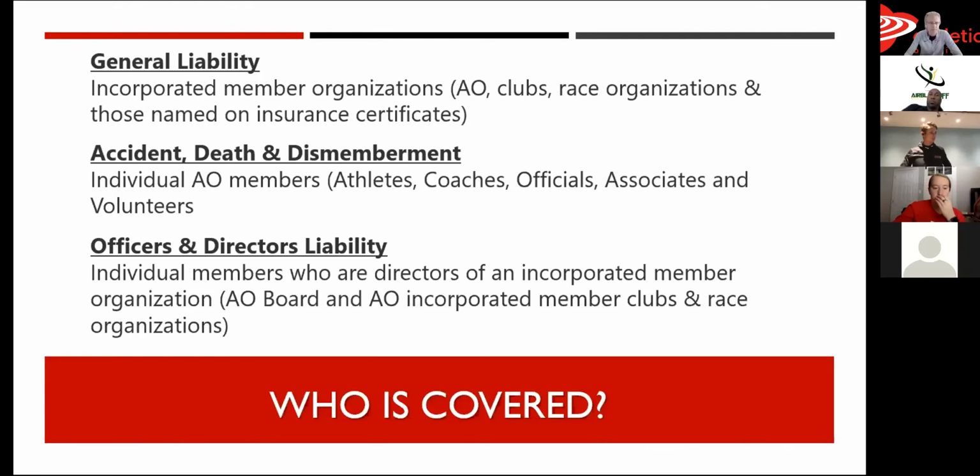Again, only board of directors will ever be named in a clause, and this clause will cover that. The additional piece here is that the director and officer of the organization needs to be a member of AO. This is where we recommend that you have your board register as associate members of AO to ensure that they have the coverage for the officers and directors liabilities.